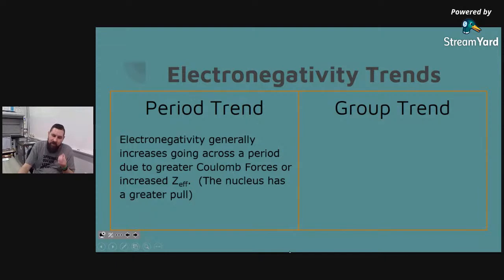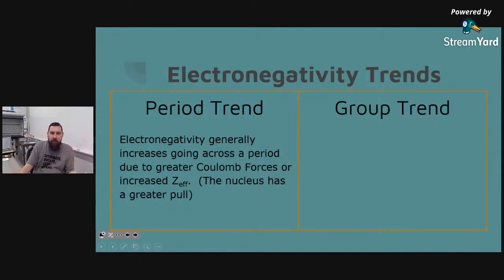And again, the reason we see electronegativity increase is that radius is decreasing. As radius decreases, Coulombic forces increase, our Zeff increases. Because of that, the nucleus has a greater pull on the electrons, whether they are pulling them from an outside source or they're pulling them towards them within a bond.